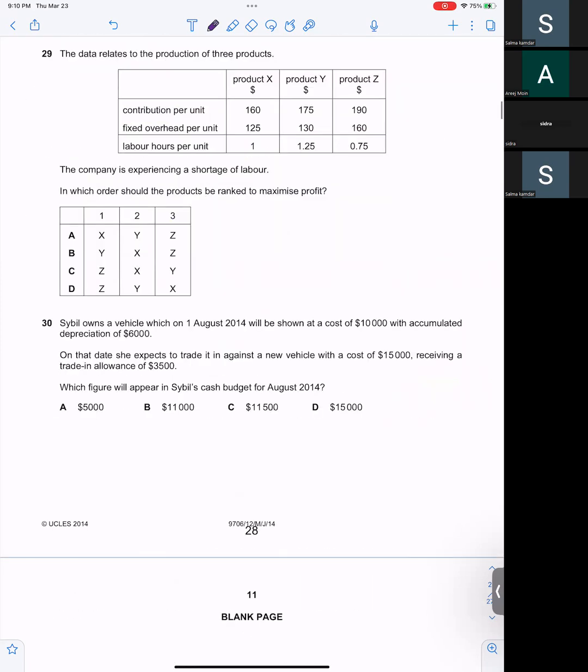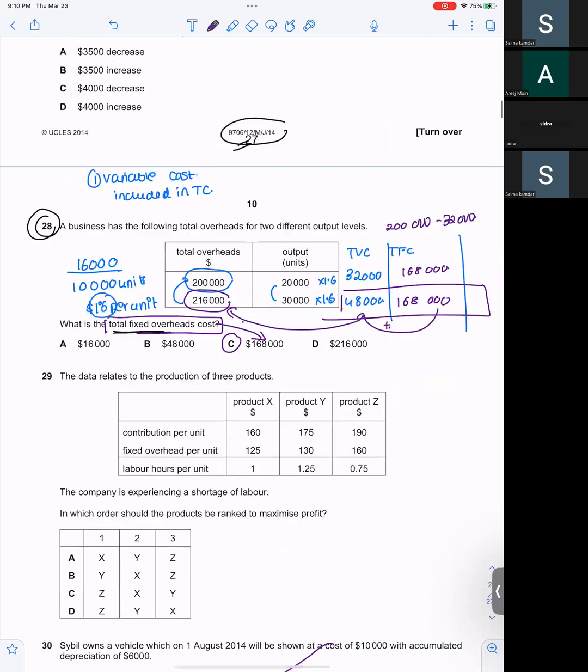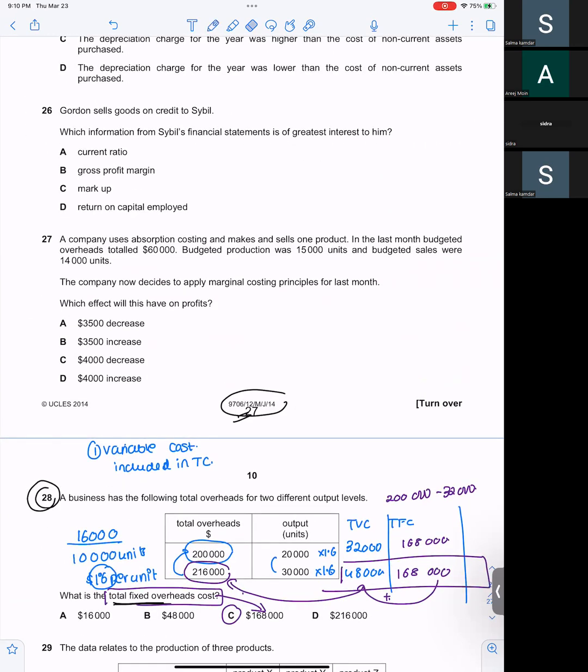Now come on, do the 27th one. Company uses absorption costing and makes and sells one product.